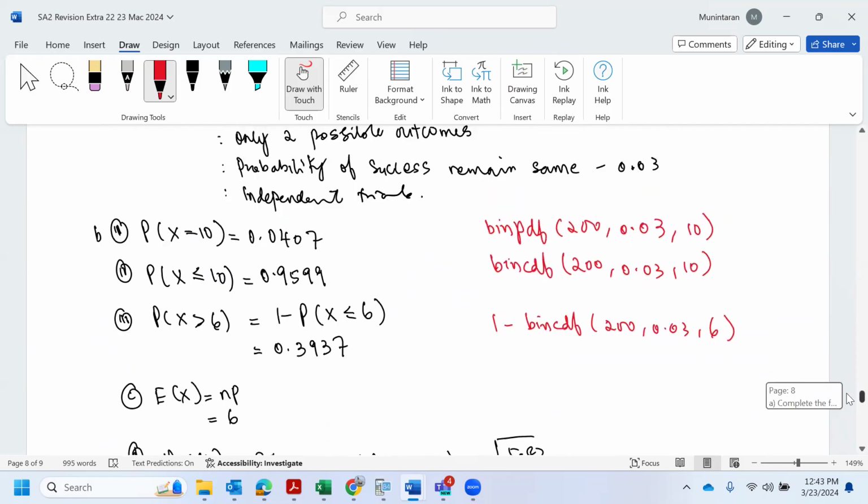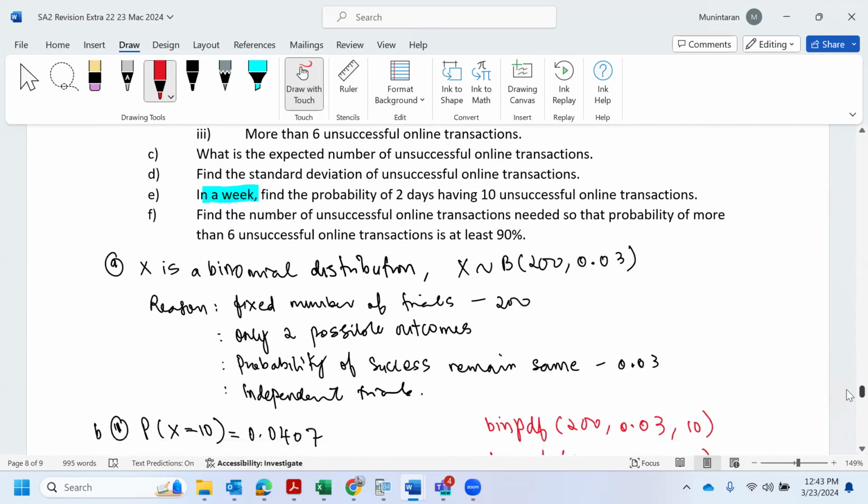Okay, let's look at this one first, sir, where at 200, the probability of x greater than 6 is 0.3937, right?